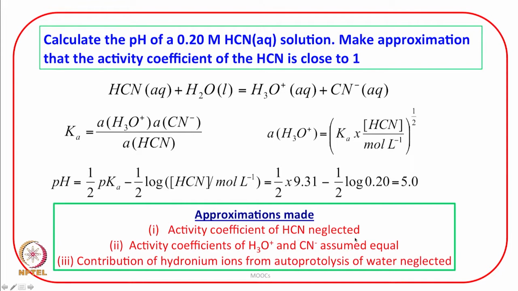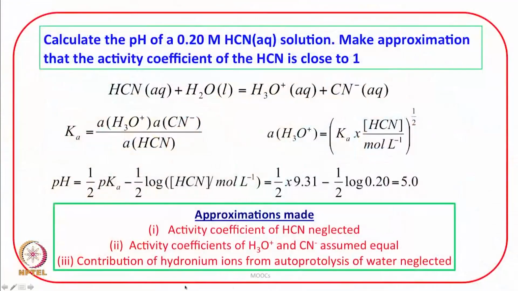That means, if we want to get a very accurate number, we cannot ignore the activity coefficient of HCN. Secondly, we have assumed that the activity coefficients of H3O plus and CN minus are equal. That is what we did, we equated the two and took the square. In fact, these may not be equal. This is another assumption that we have made.